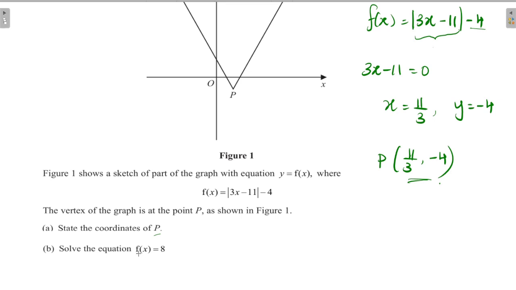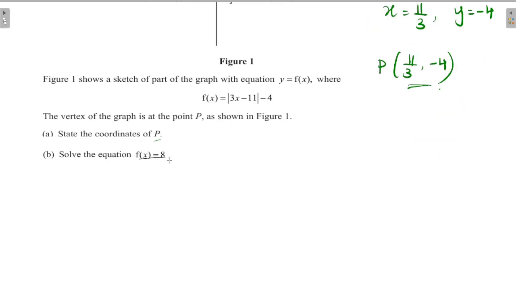Solve the equation f of x equal to 8. Let's write the equation of the graph: f of x is modulus of 3x minus 11 minus 4, which is equal to 8. So modulus of 3x minus 11 is equal to 8 plus 4, which is 12. What is meant by modulus?